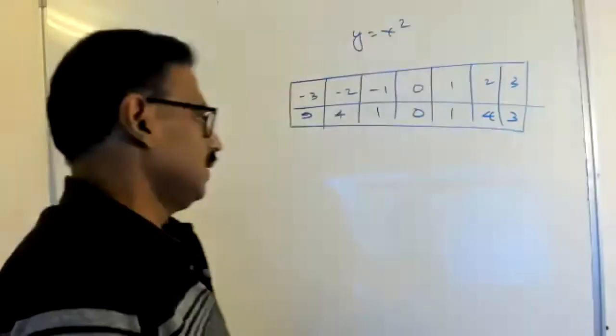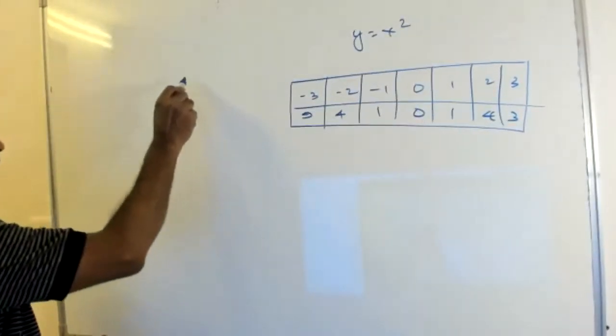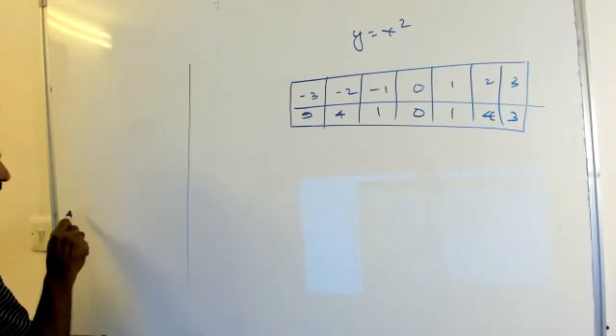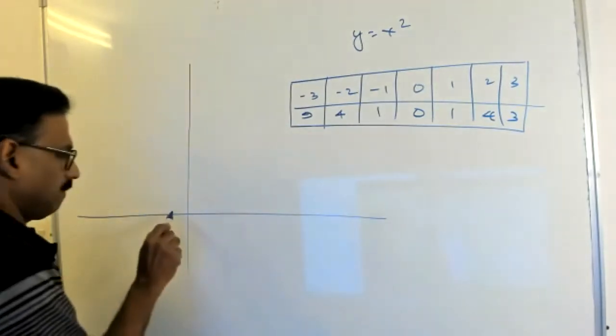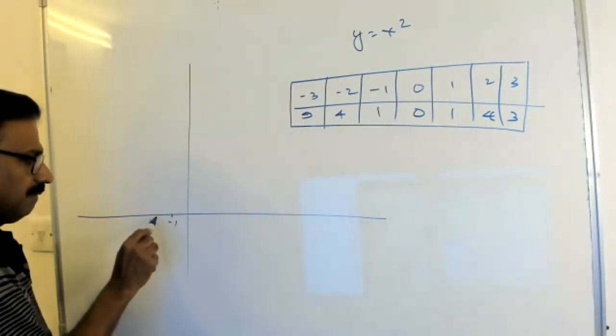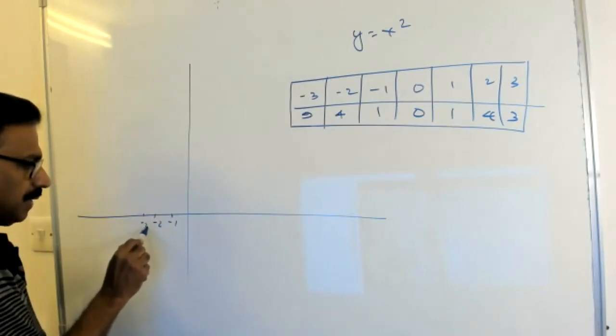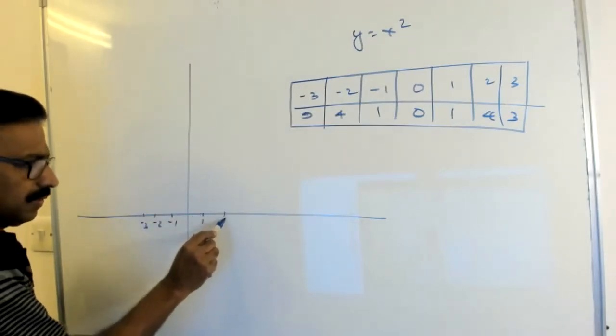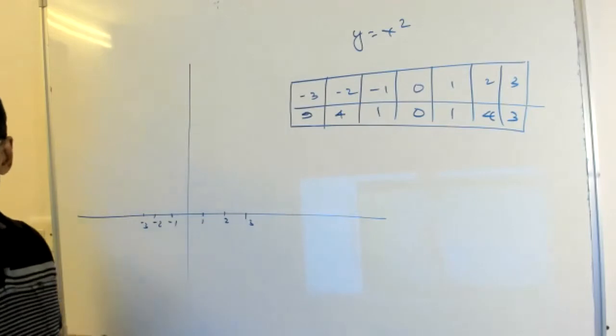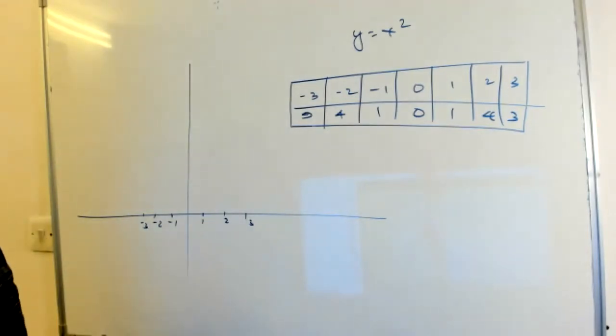Now I'm going to draw the graph. Look here. Pick small values: -2, -3, 1, 2. For +3, it will be 9.